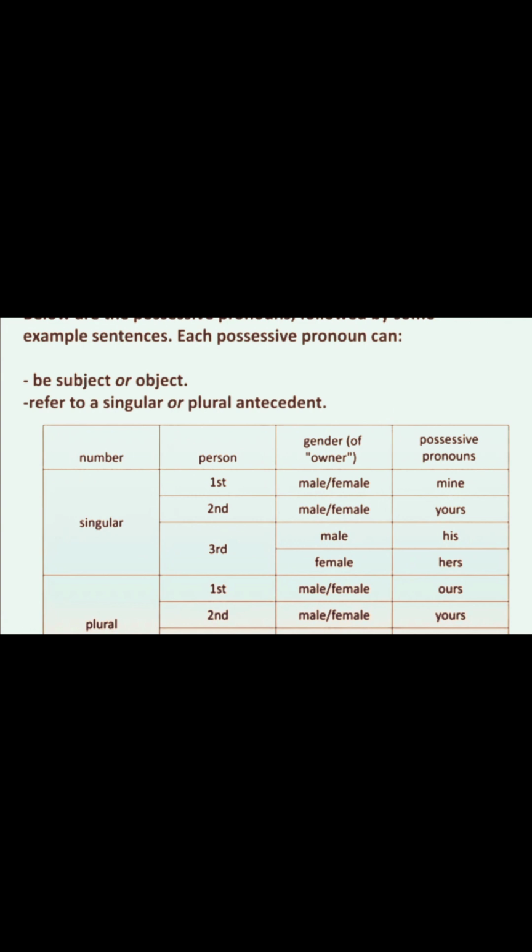So here are some examples. अगर हम सिंगुलर की बात करें, पर्सनल पॉजेसिव प्रोनाउंस में फर्स्ट पर्सन के लिए माइन, सेकंड पर्सन के लिए योर्स और थर्ड पर्सन मेल के लिए हिज और फीमेल के लिए हर्स. प्लूरल हो फर्स्ट पर्सन आवर्स, सेकंड पर्सन मेल फीमेल योर्स एंड थर्ड पर्सन देयर्स. Either it's a neuter, female or a male.